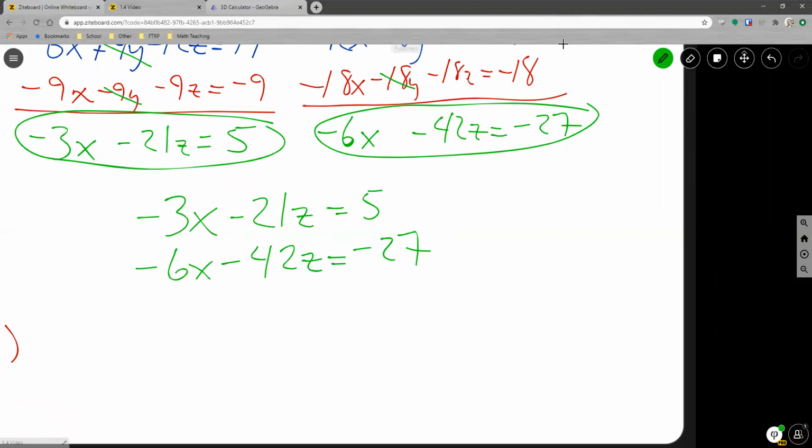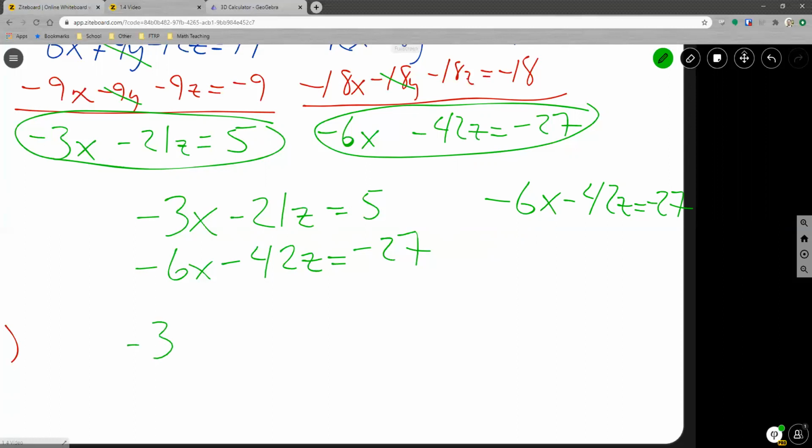But if you notice, I've got negative 3 and negative 6. We know that 3 is half of 6. So I'm going to flip the order, actually. If I have negative 6x minus 42z equals negative 27, and I put a positive 6x under it, then when I add them together, the positive 6x and the negative 6x cancel out, and I'll be just left with z's, which is what I want.